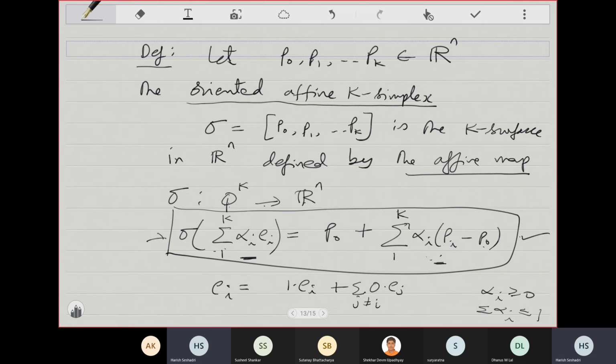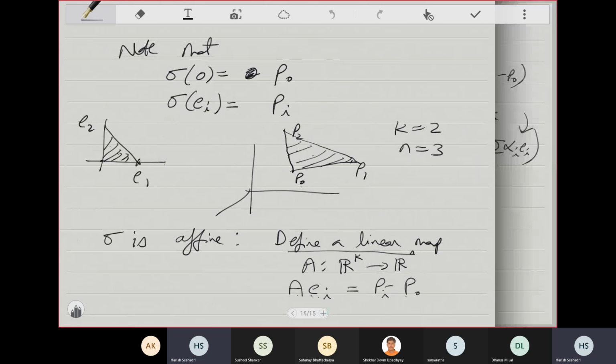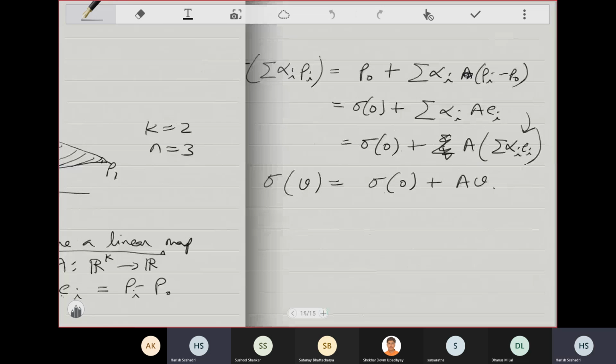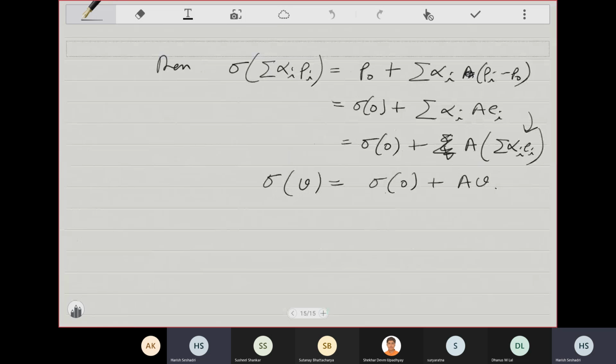I make this definition for all alpha I in R. Then it becomes a legitimate affine map. But our interest is only in what it does to QK. So I'll stop here, and then again on Friday, I'll resume at this point.